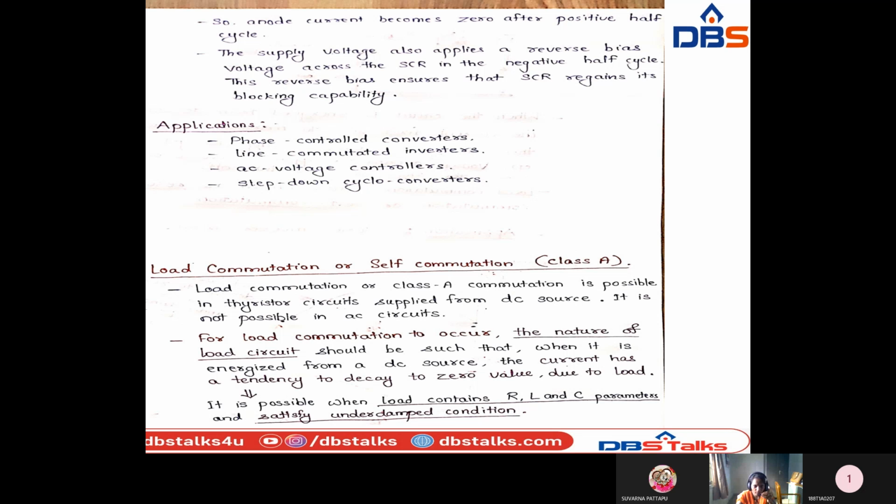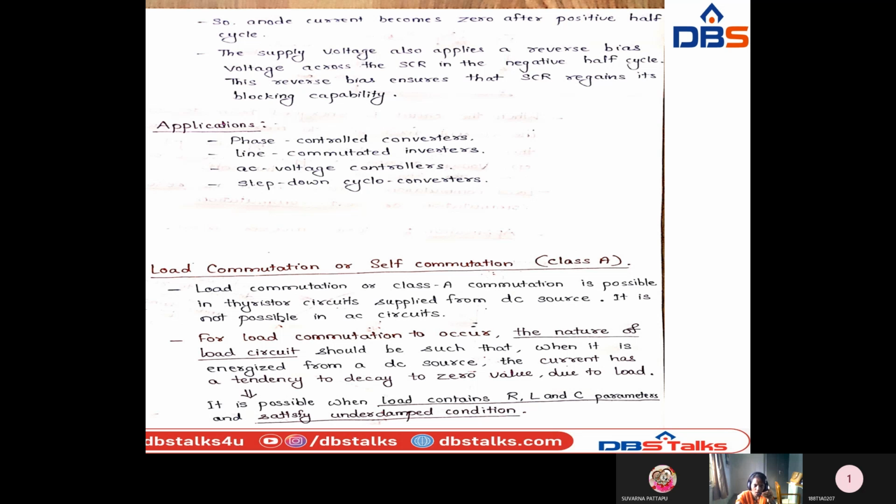So it is possible when the load contains RLC parameters and satisfies the under-damped condition. So load commutation is possible when the load has resistance, inductance, and capacitance, and satisfies the under-damped condition.